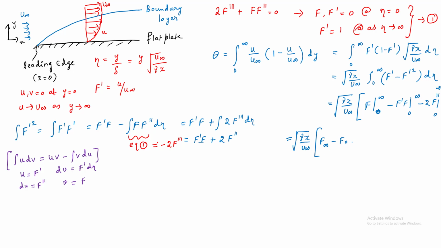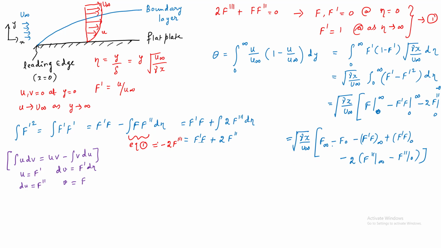Again, f' f at infinity plus f' f at 0, minus 2 into f'' at infinity minus f'' at 0, right? So this is what we have.